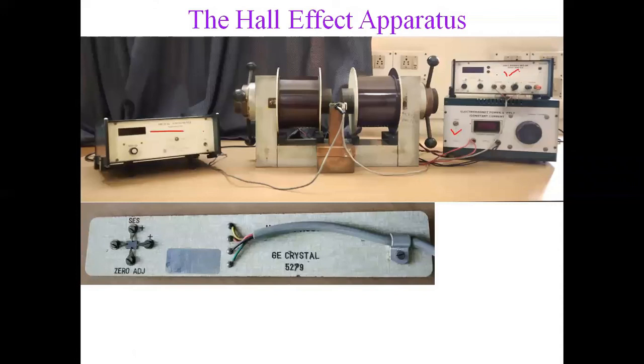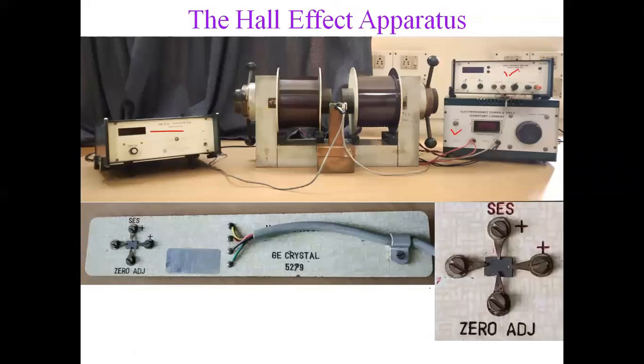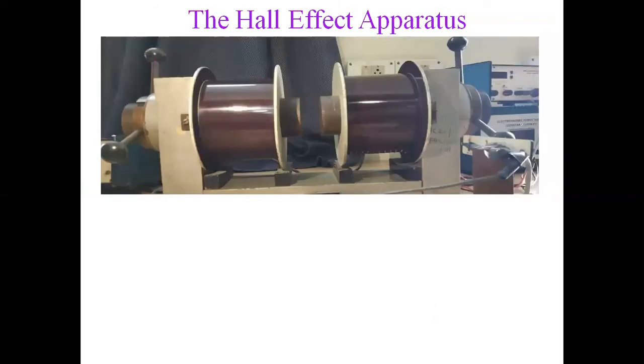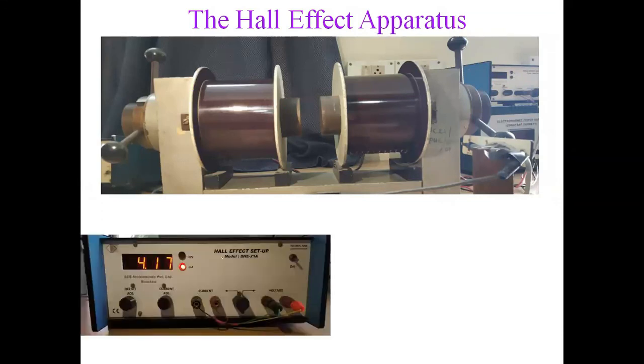This is your sample, your semiconductor. It is placed between the two pole pieces of this magnet. This is the Hall effect setup. We will observe it when you do the experiment again.